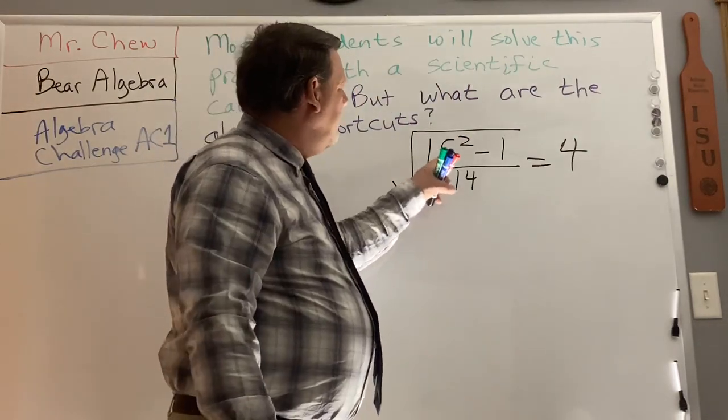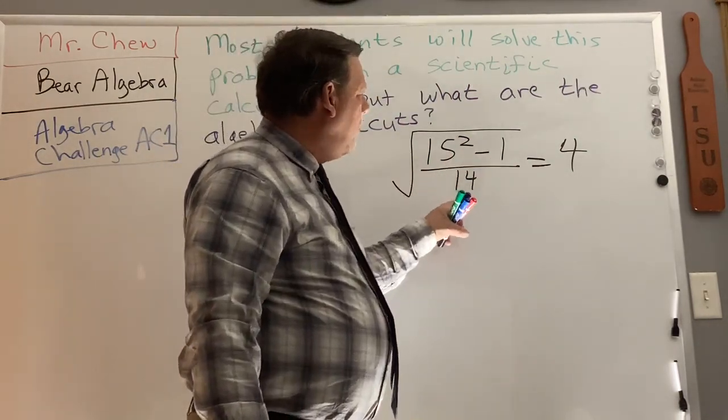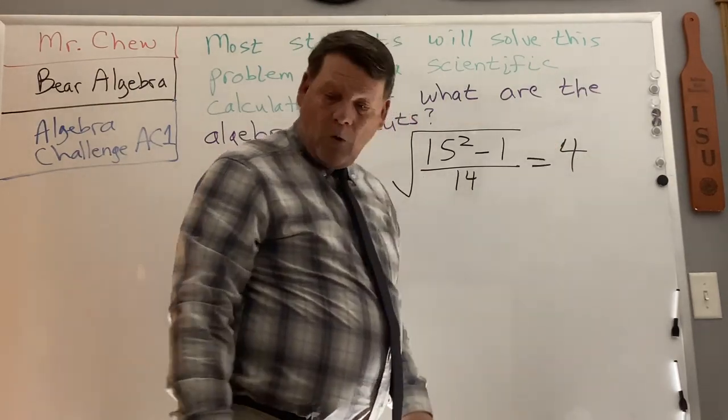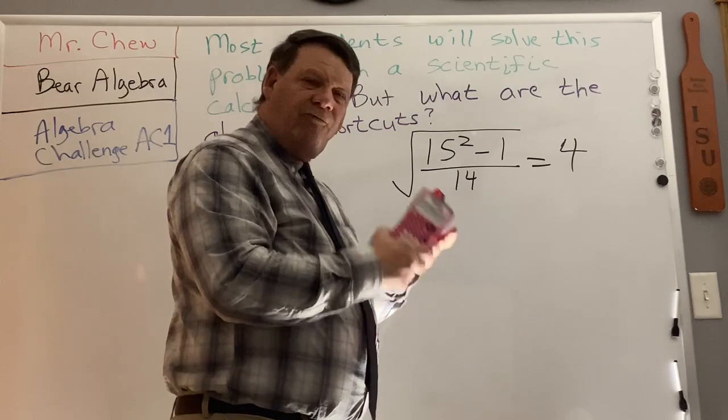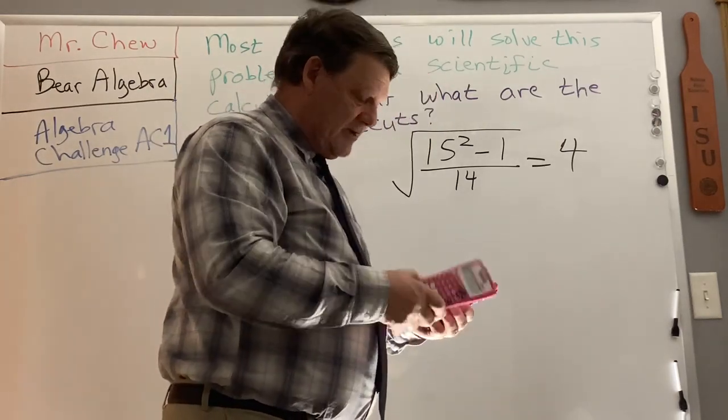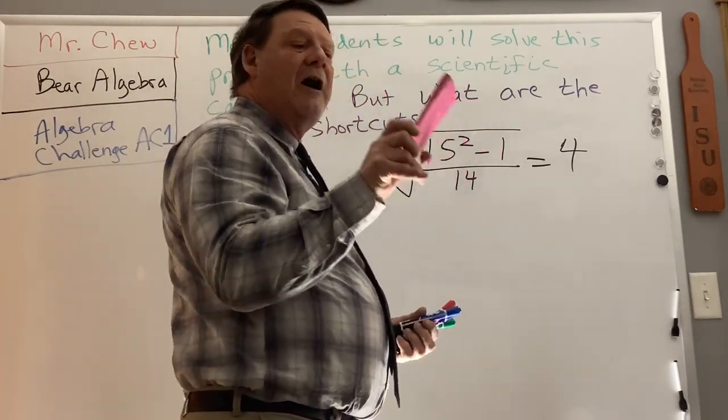If I have the square root of (15 squared minus 1) over 14, it equals 4. Now, how did I get that 4? I got that 4 by using a scientific calculator that I call a TI-30.